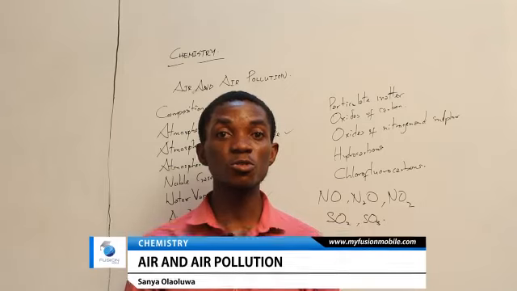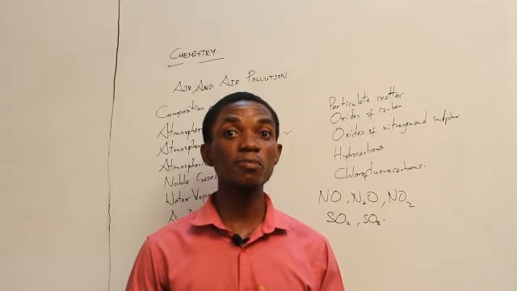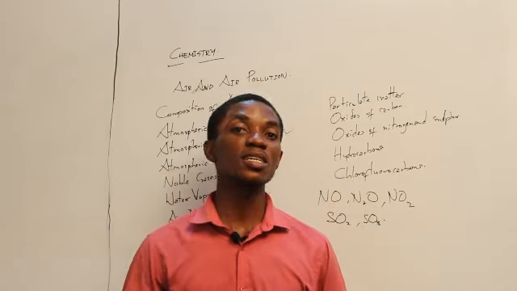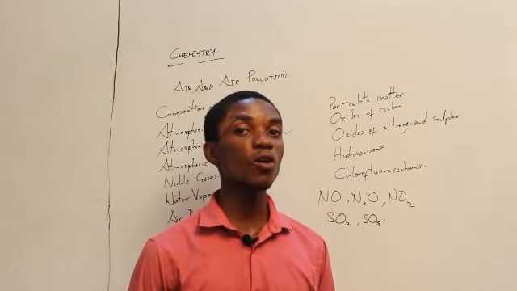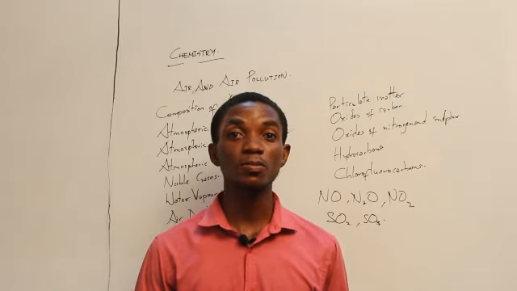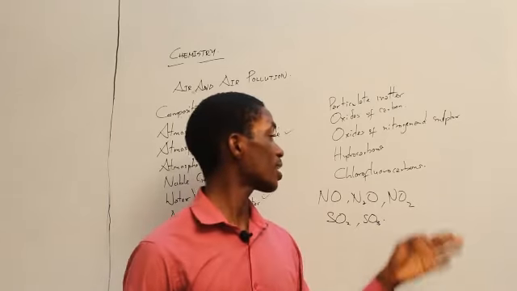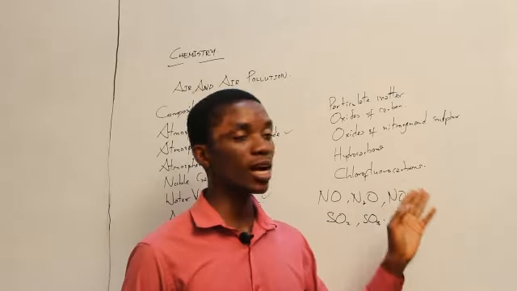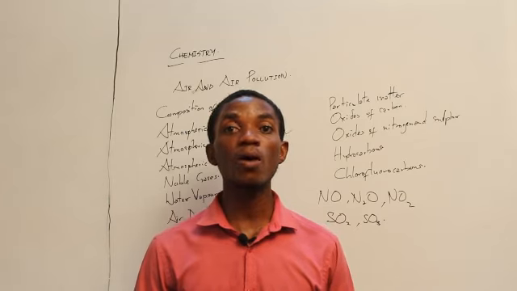And what do these things do? They have such a terrible effect that they deplete the ozone layer, exposing us to the hardship that the sun is holding back for us. They are known as the global warming gases.